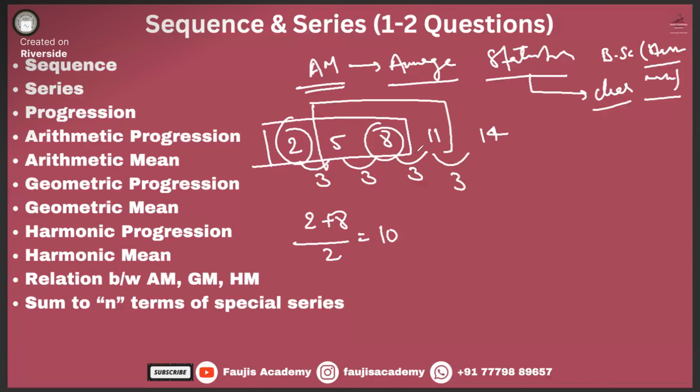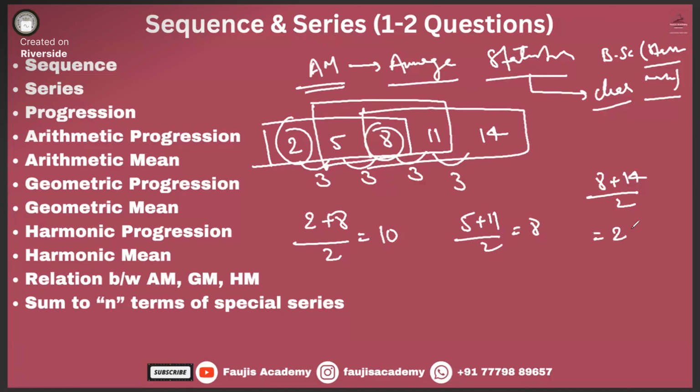What is the arithmetic mean of 5 and 11? 5 plus 11 by 2, that means 8. What is the arithmetic mean of 8 and 14? 8 plus 14 by 2, which is 11, right? And what if I ask you the arithmetic mean of 2 and 14? 2 plus 14 by 2, how much is that?